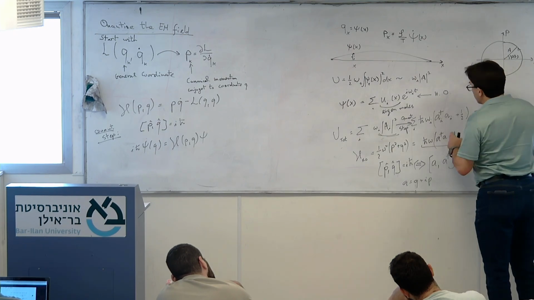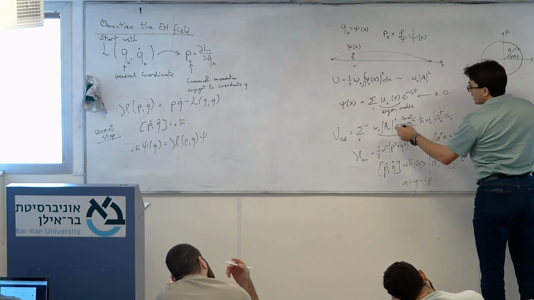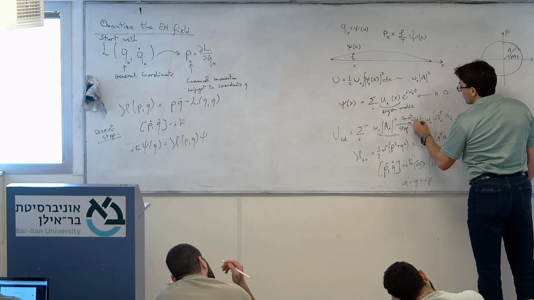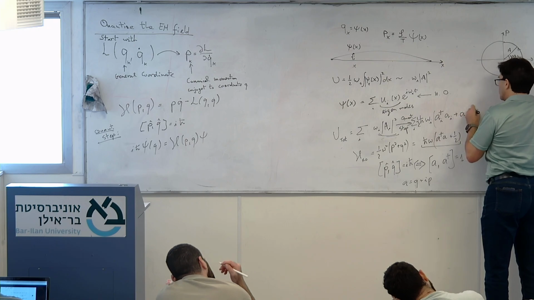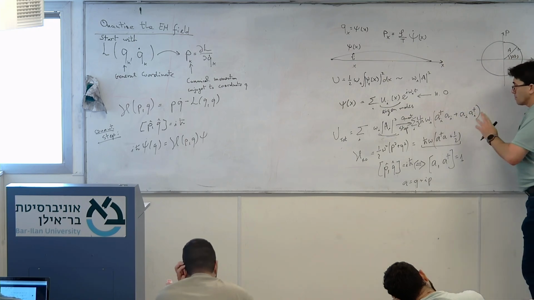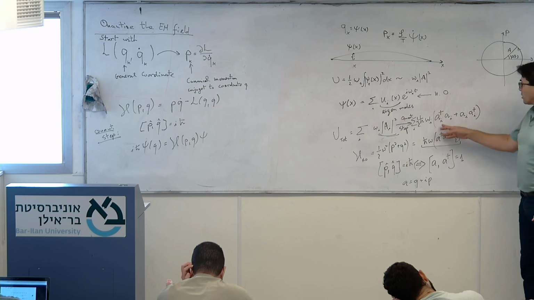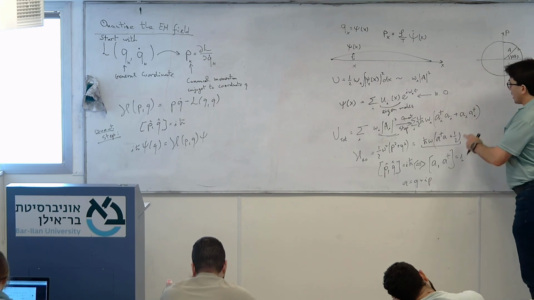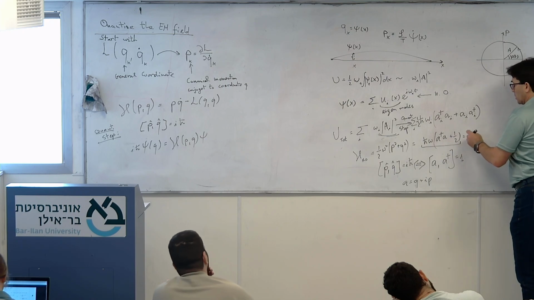Or you know what, I can do something different, and that is to put a half here and here to make it symmetric. That's okay. Because of course, this is another way to write the same Hamiltonian.